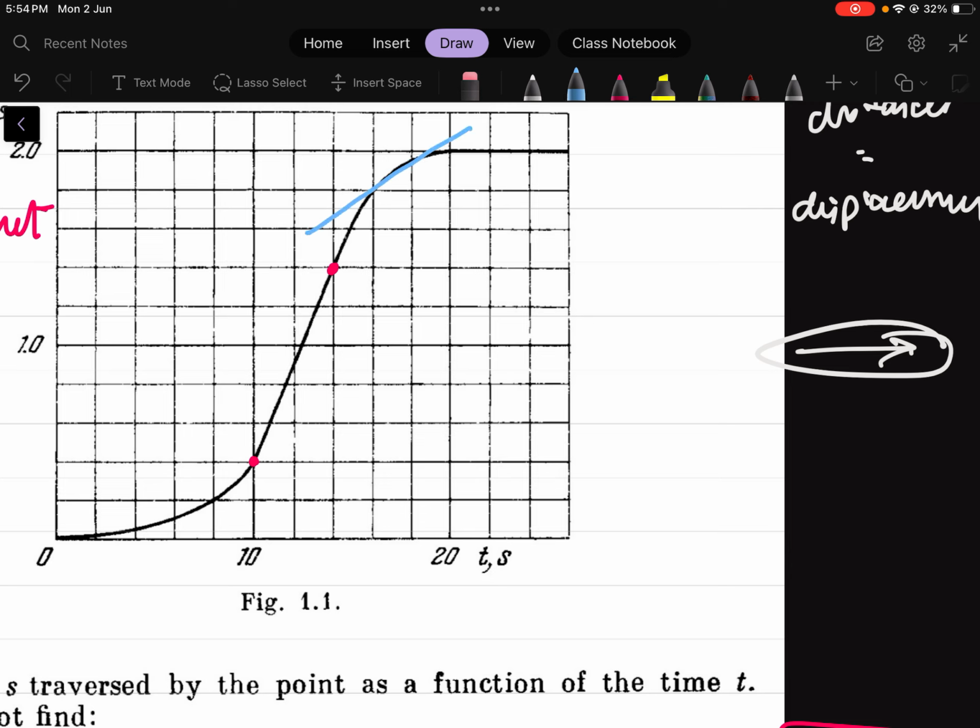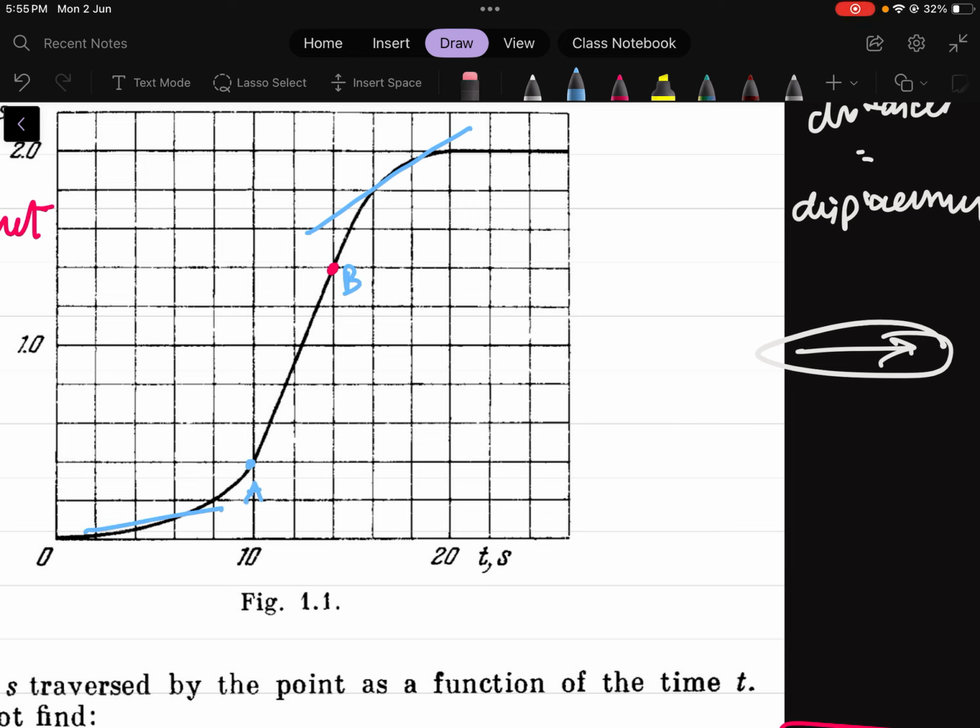Because if I draw a tangent over here, its slope is less than slope at any point in this region, right? Because at any point the slope of that line will just be this line itself, because the velocity is apparently constant between points A and B, correct?